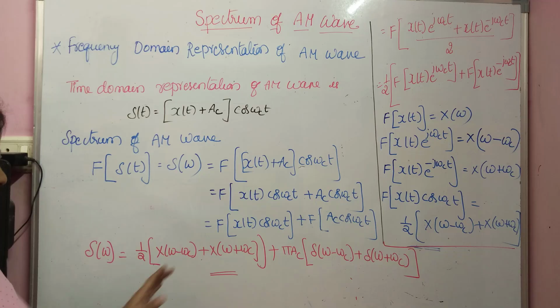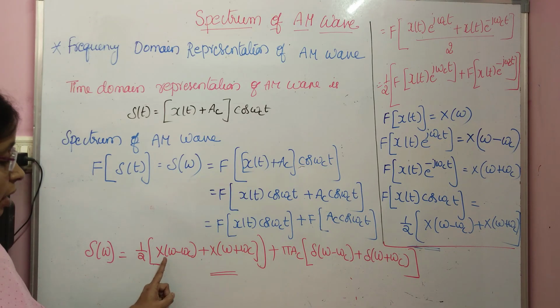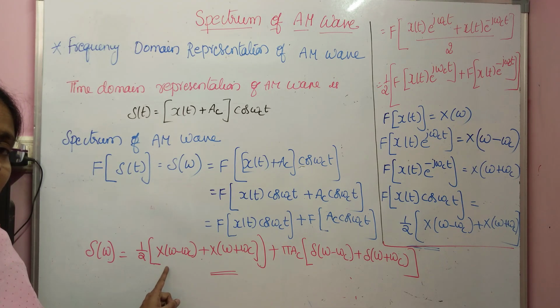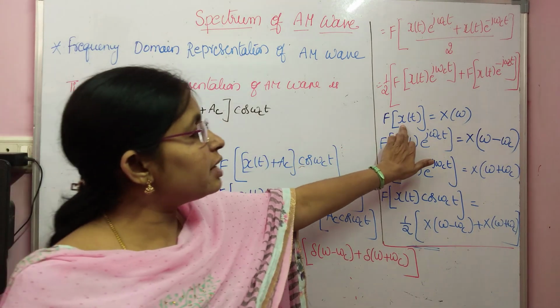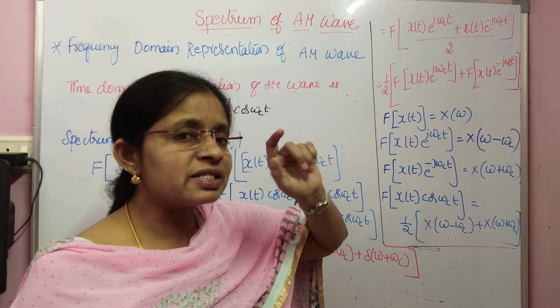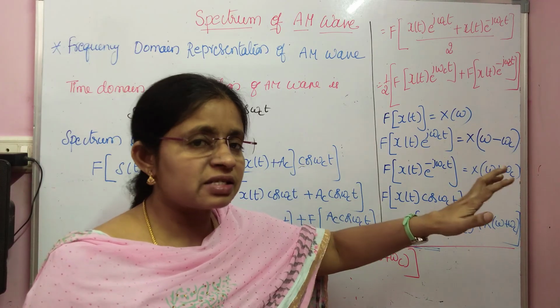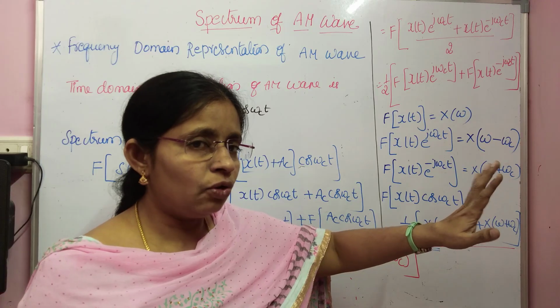Okay. So if you observe this expression carefully, here what is X of omega? It is the Fourier transform of x of t. What is x of t? It is the message signal or the information signal. Okay.